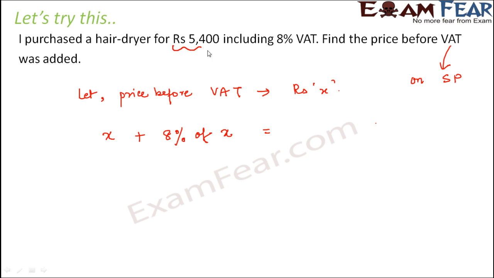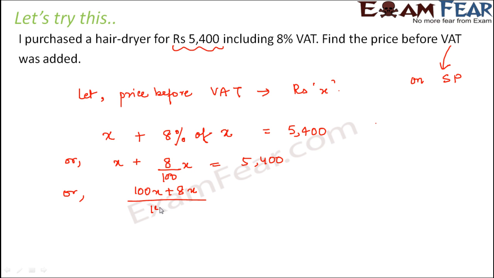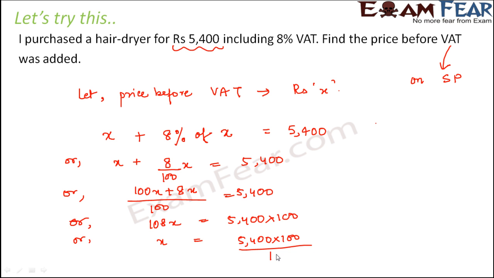In this case, the customer has paid rupees 5,400. So X plus 8% of X is equal to 5,400. So we can solve this equation. This becomes (1 + 8/100)x = 5,400, or (100x + 8x)/100 = 5,400, or 108x = 5,400 × 100, or x = 5,400 × 100 / 108.